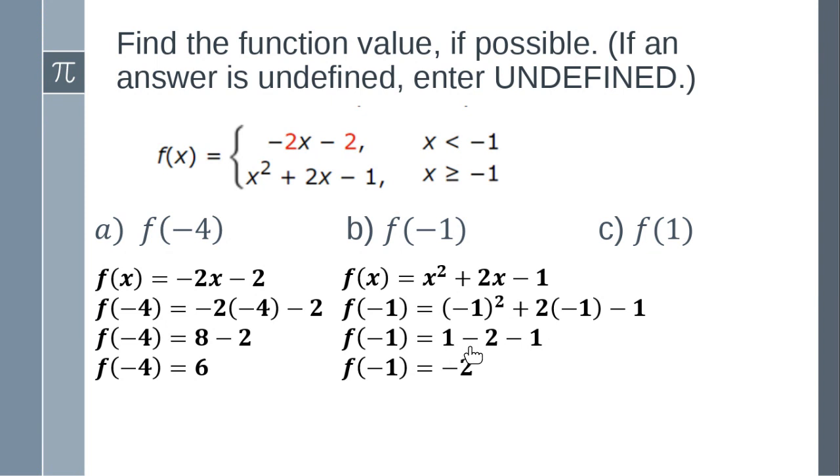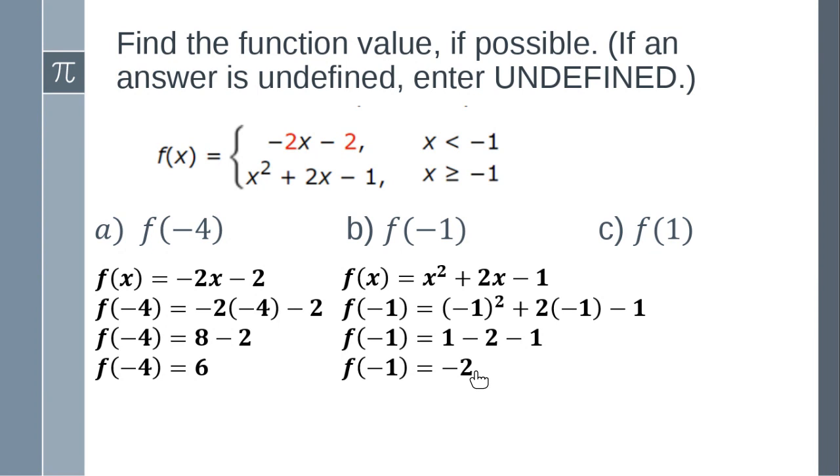So 1 minus 2 is -1, and -1 plus -1 is -2. Again, my input value was -1, my output value is -2, and that is my ordered pair.